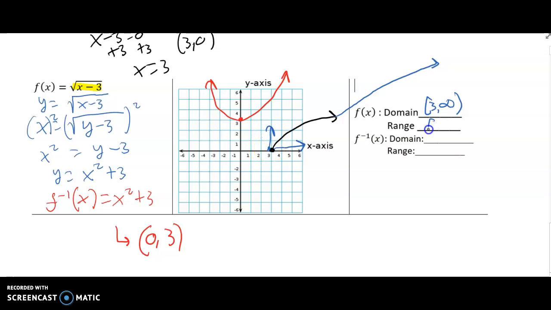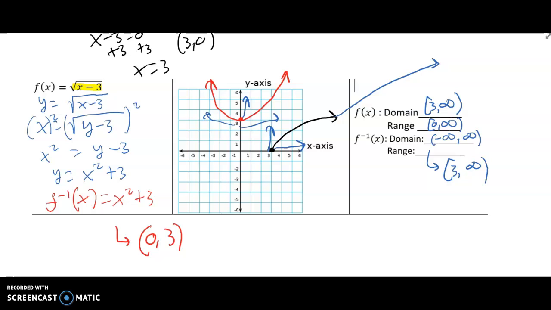So it has access to everything 0 to infinity. For our inverse, the red curve, it has all the negative x, all the positive x. So its domain is negative infinity to infinity. And the range is everything from 3 and up. So our range is 3 to infinity.